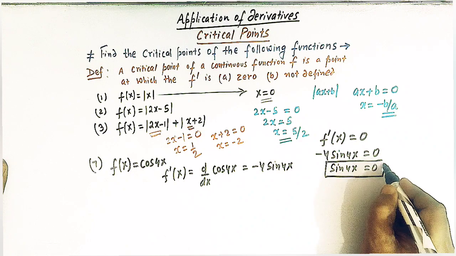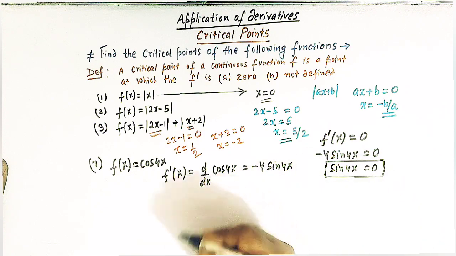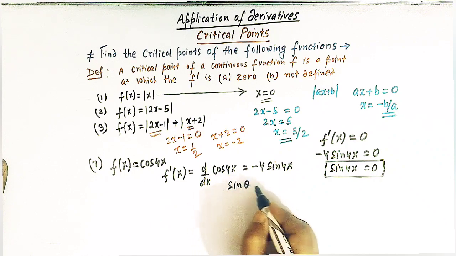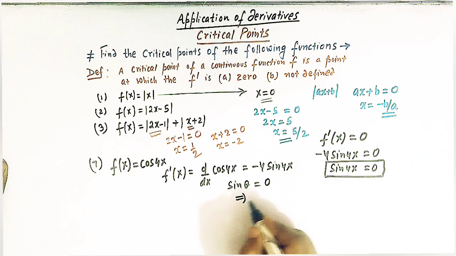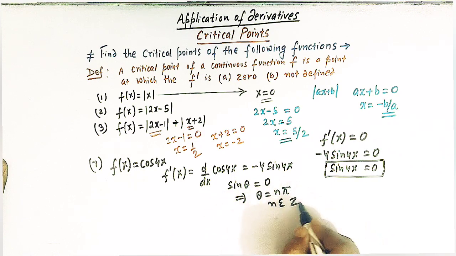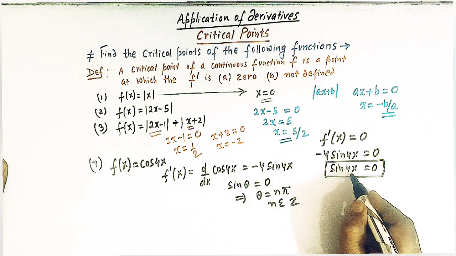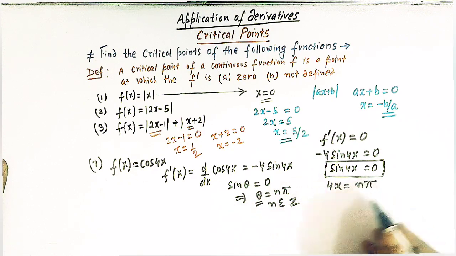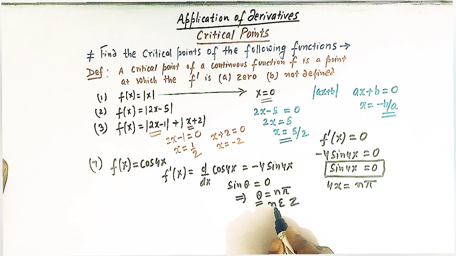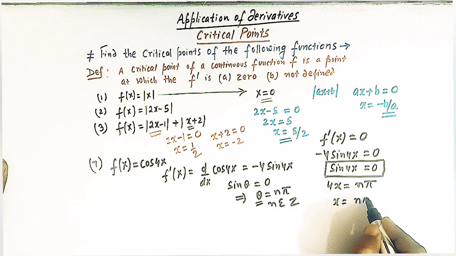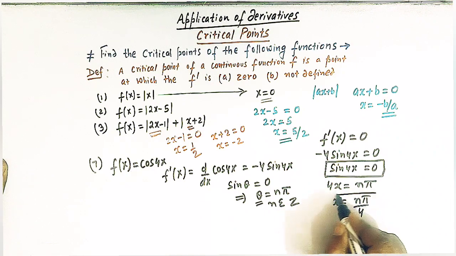Now this is a trigonometric equation, and we know from the theory of trigonometric equations that sine theta is equal to 0 implies theta is equal to n pi, where n belongs to the set of integers, right? So here our theta is 4x. So we have 4x is equal to n pi, where n belongs to the set of integers, right? So x is equal to n pi over 4, right?